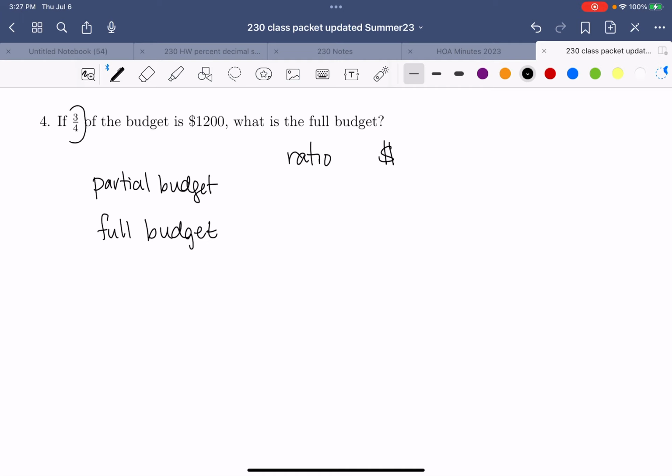And that way I'll pull apart this 3/4, and then the 3/4 means that the 3 is the part and 4 is the whole, right? If your budget is out of 4, then the part is 3. So this would be 3 and this would be 4. And they're asking what is the full budget. So they're asking for this one. And 3/4 of the budget is, so that's the part that they're referring to. So this is your 1,200, right? And you can go from there to use one of your strategies.